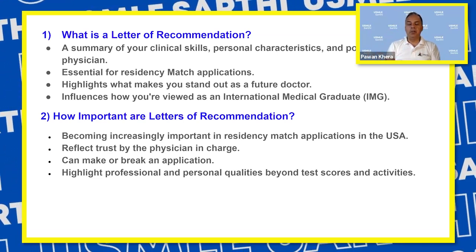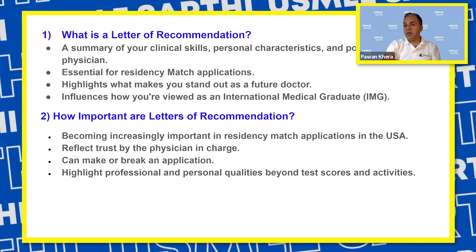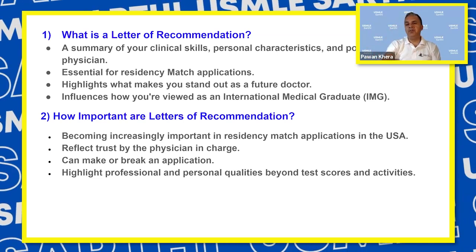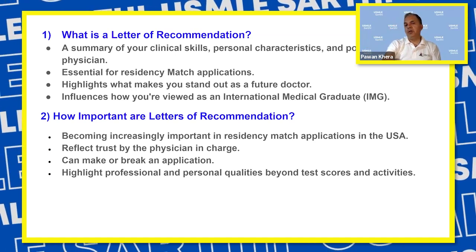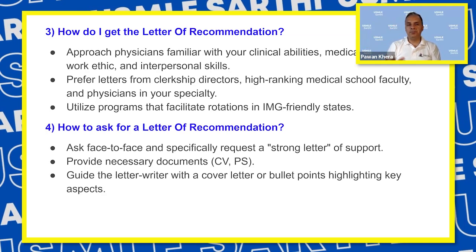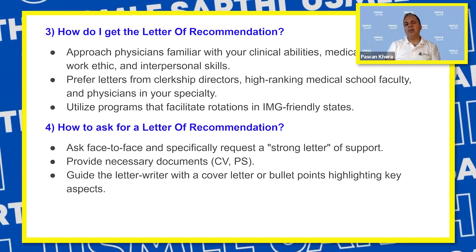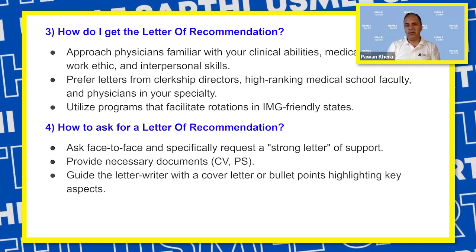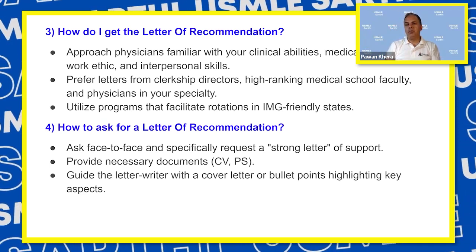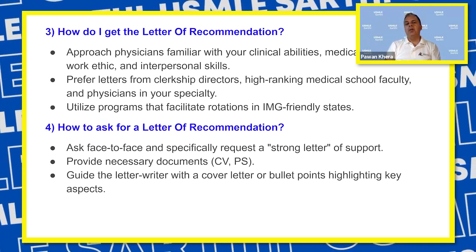So they will definitely read your letters of recommendation. They may not shortlist your application based on LORs, because shortlisting is generally done by filters, and filters don't read LORs. So again, how do you get good letters of recommendation? Like I said, some general tips, but we have a lot of guidance on this.